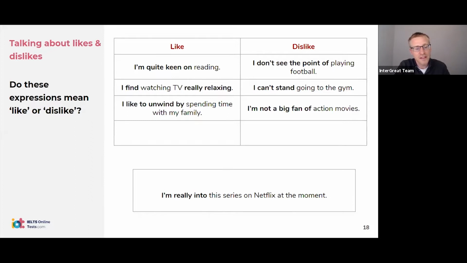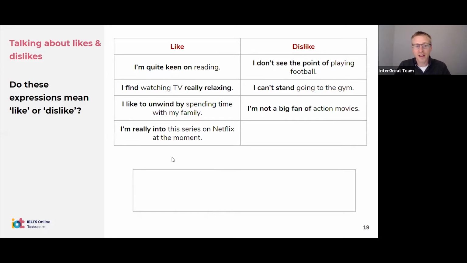I'm really into something. This is a like, very good. Okay. And going shopping for clothes just seems like a waste of time to me. Good. Dislike, exactly.